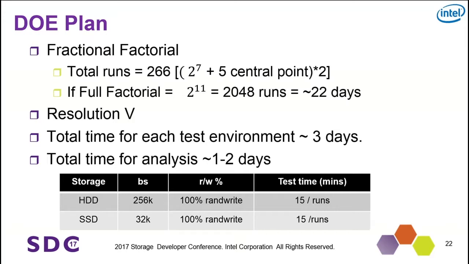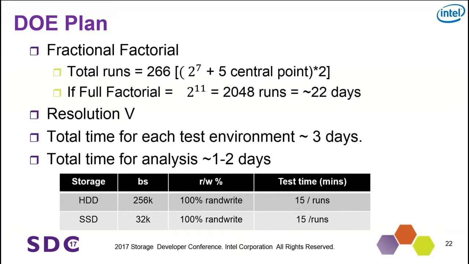I'm using resolution 5. Each test I run is 15 minutes, so in total I used 3 days to finish all 266 tests for each cluster. I use about 1 to 2 days to do analysis and get more data to show you later, to do the comparisons.